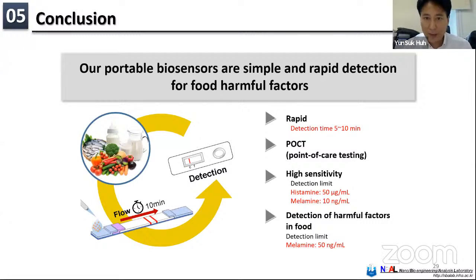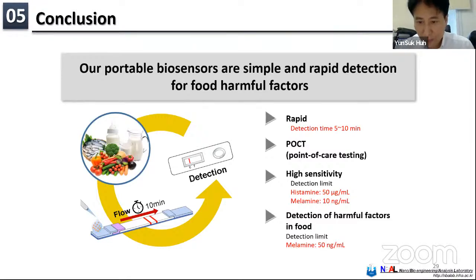Our portable sensing techniques offer simple and rapid detection for food, harmful factors, and urine and blood samples. Usually it takes 5 or 10 minutes to obtain the signal, and also very low detection limits, around the 50 or 10, ppb level or ppm level, depending on the target sample.